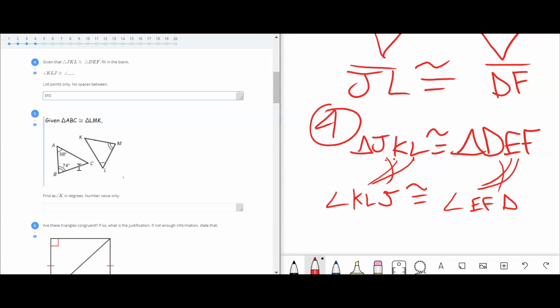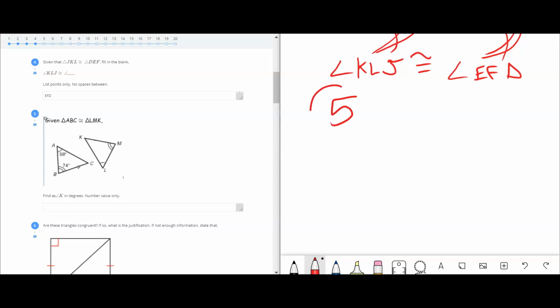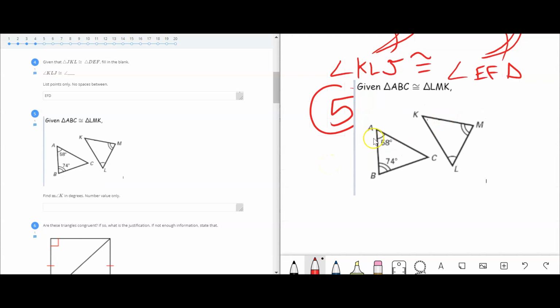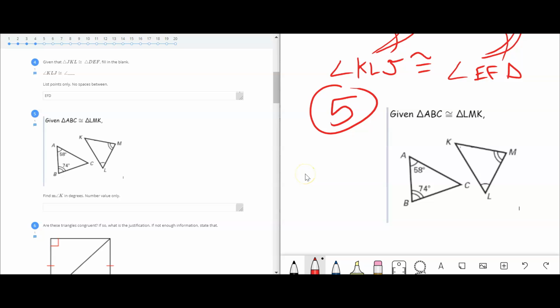Sound good? All right, number 5. It says, given that triangle ABC is congruent to LMK, find the measure of angle K. So let's see if I can copy this over here. If we know that 1 arc is 58, then over here, 1 arc is 58. If we know 2 arcs is 74, then 2 arcs is 74. The triangle sum theorem says that the inside of every triangle adds up to 180 degrees.